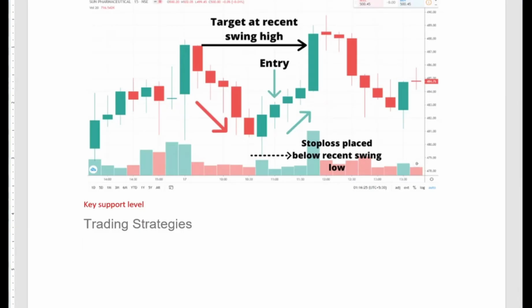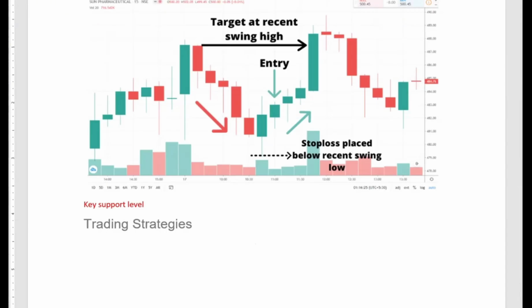One factor that can affect the effectiveness of this pattern is market volatility. During times of high volatility, false signals may be more common, leading to potential losses for traders. And another challenge is relying solely on bullish engulfing candlestick patterns for trading decisions.